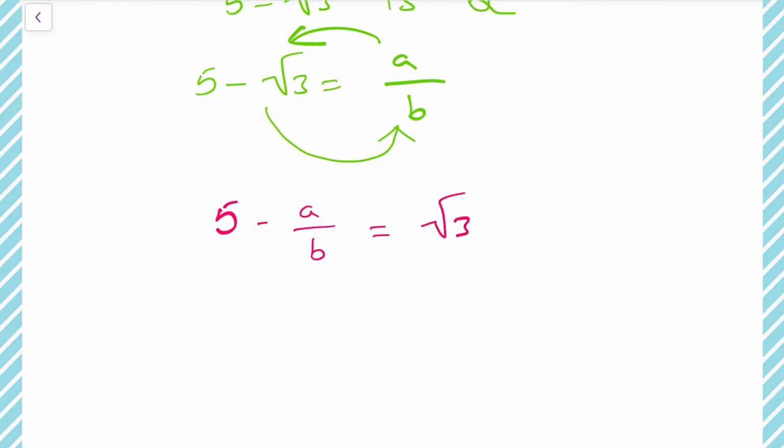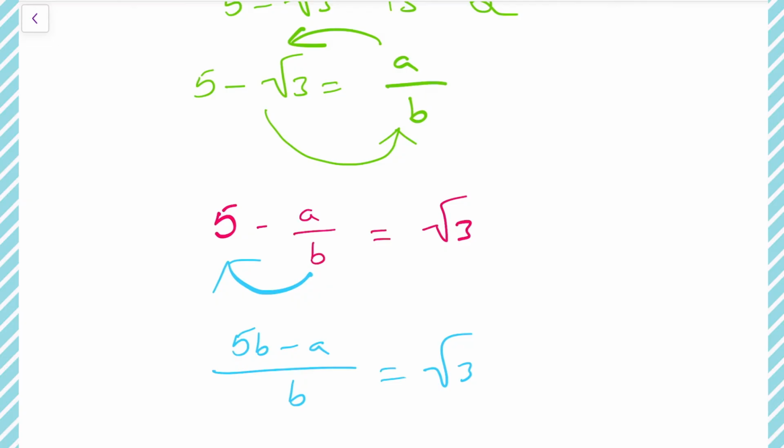Now if we simplify this, b into 5b minus a whole divided by b equals 5b minus a divided by b equals root 3. So what is the definition of rational numbers? The numbers which are in the form of p by q, where p and q both are integers and q not equal to 0.